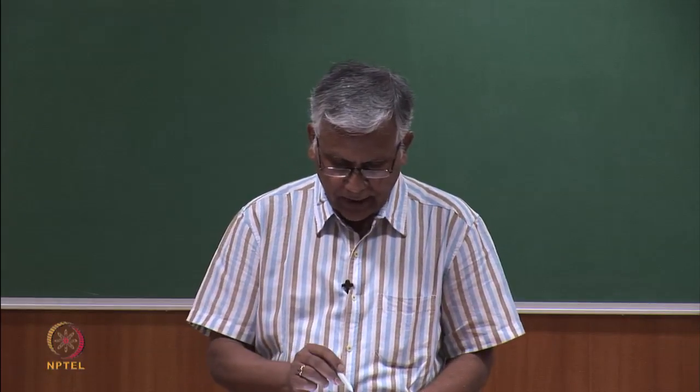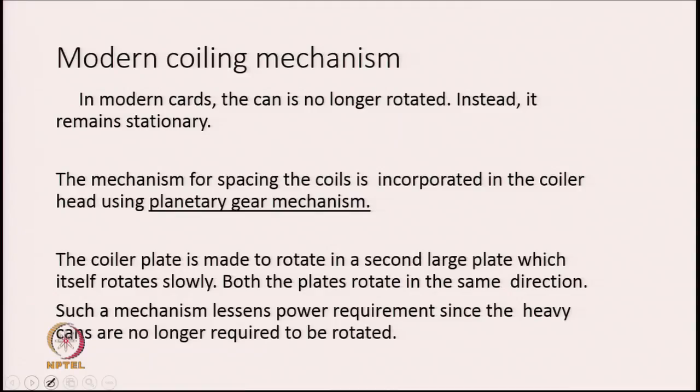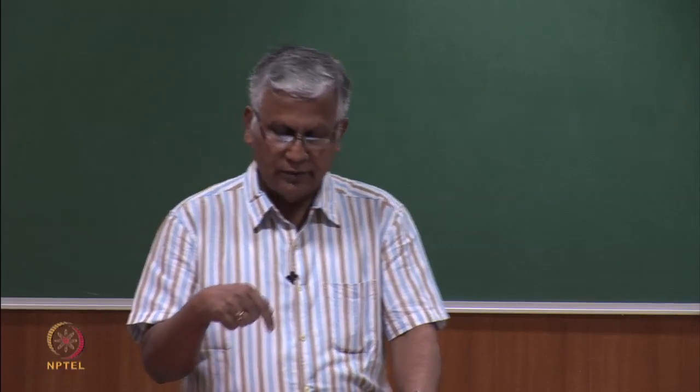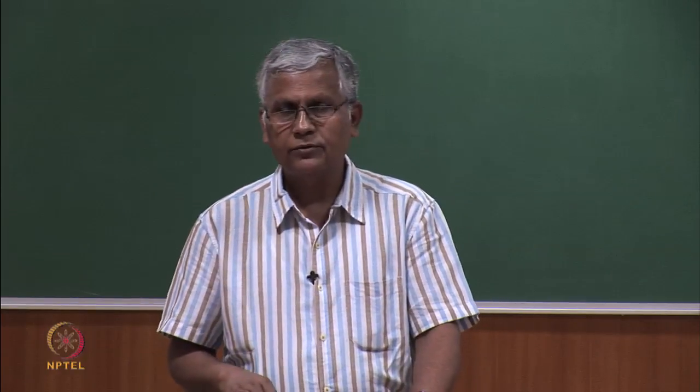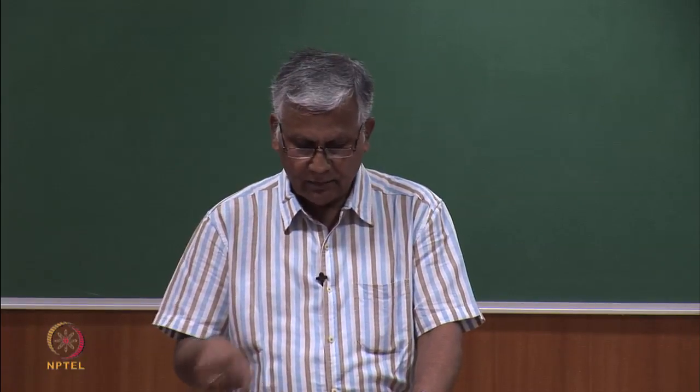And what do we do? The mechanism for spacing the coils is incorporated in the coiler head using a planetary gear mechanism. The coiler plate is made to rotate in a second large plate, which itself rotates slowly. Both the plates rotate in the same direction. So, the coiler plate is rotating on its own axis, and it has a gear which is meshing with another big plate that has internal gears, and that plate also is rotating.